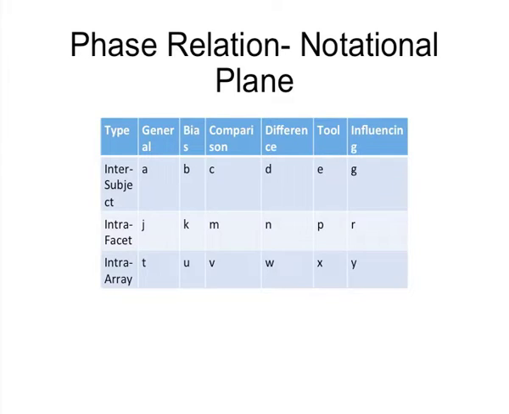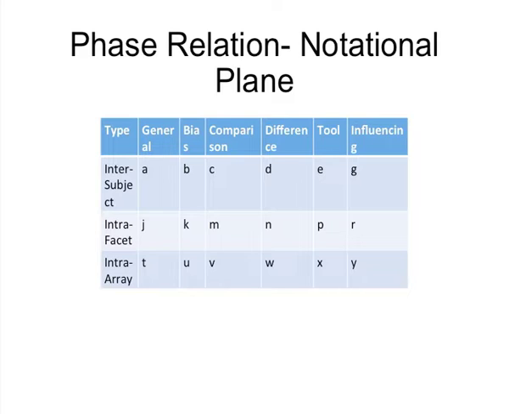But it is not enough. You have to have different connecting symbols to join these two phases, and these are, if it is an inter-subject relationship, please remember that for general relationship we use small a, and this is inter-subject. For the bias relationship we use small b.